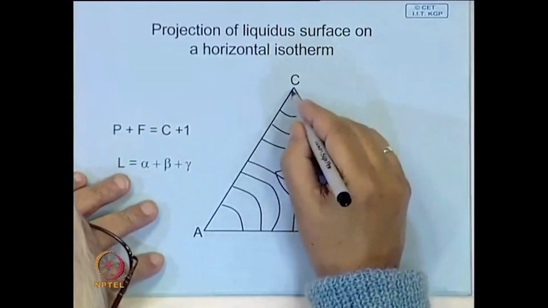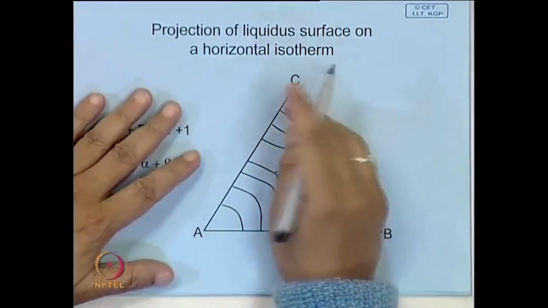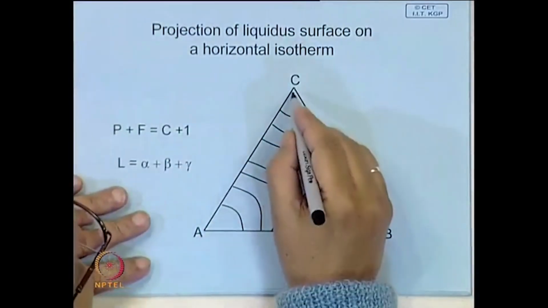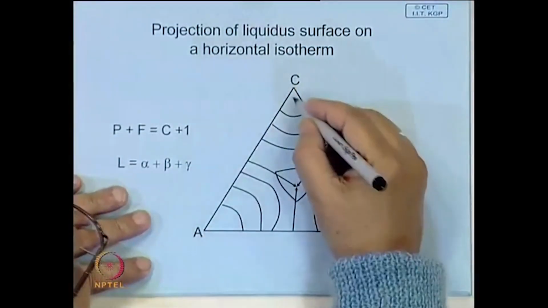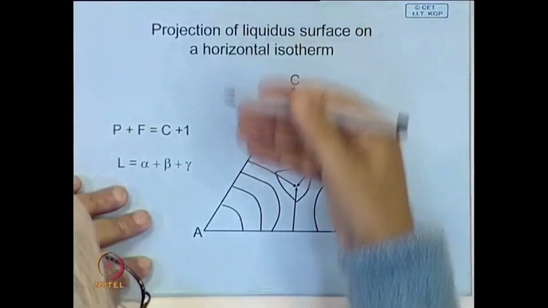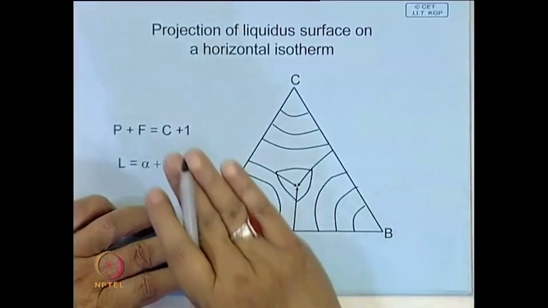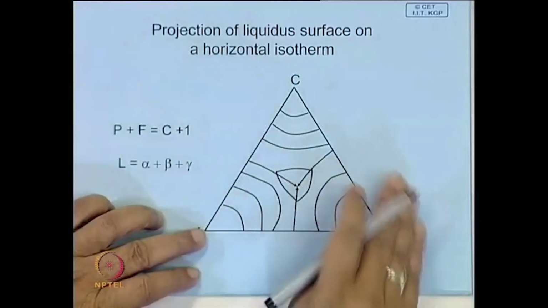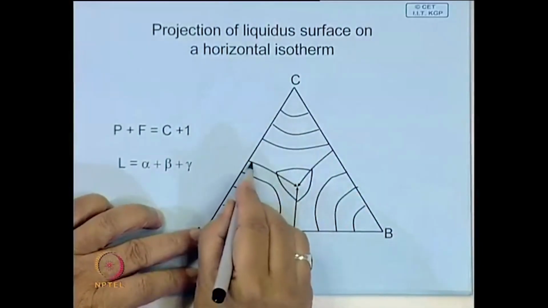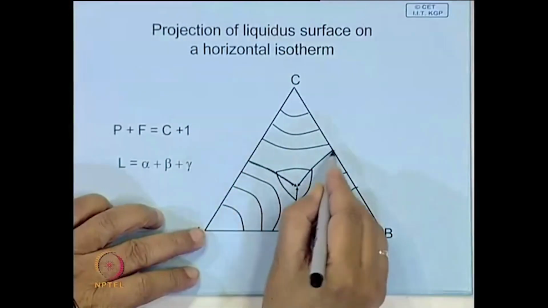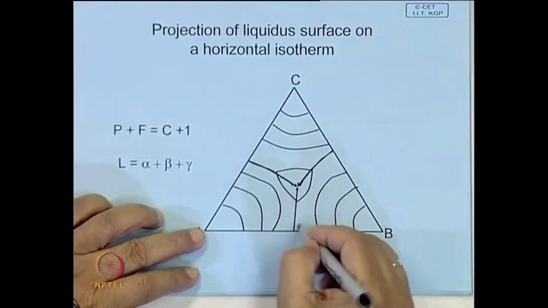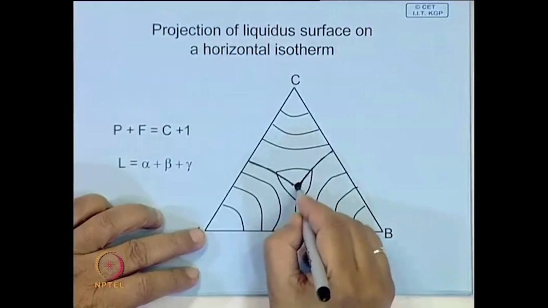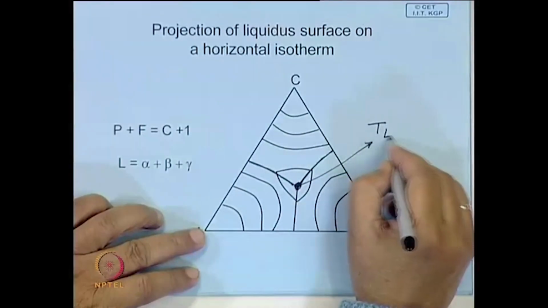So, this is the liquidus surface, and this is the projection of the liquidus surface on a horizontal plane. If you look from the top of this, it will look as if this is a surface coming down from the melting point of A, like this and like this, and they will all meet along these curves, and this is the ternary eutectic point.